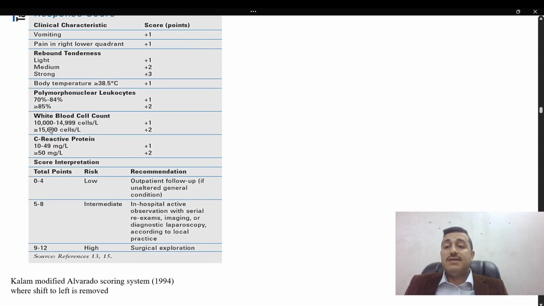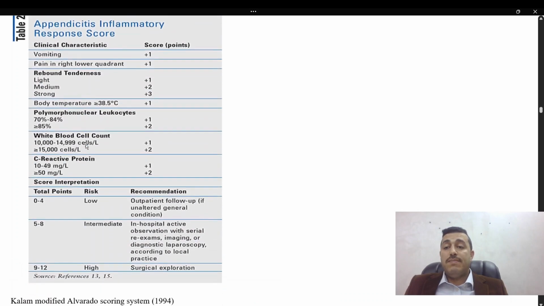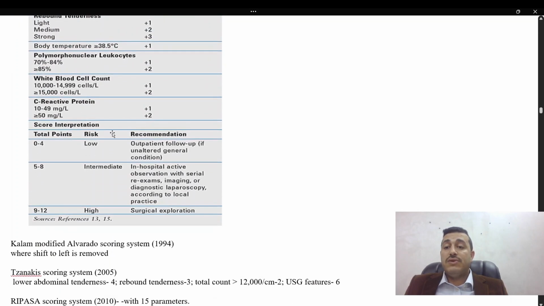White blood cells between 10 to 14 is 1, more than 15 is 2. C-reactive protein here plays a role in the appendicitis inflammatory response score. So C-reactive protein, if it is between 10 to 15, it is 1.